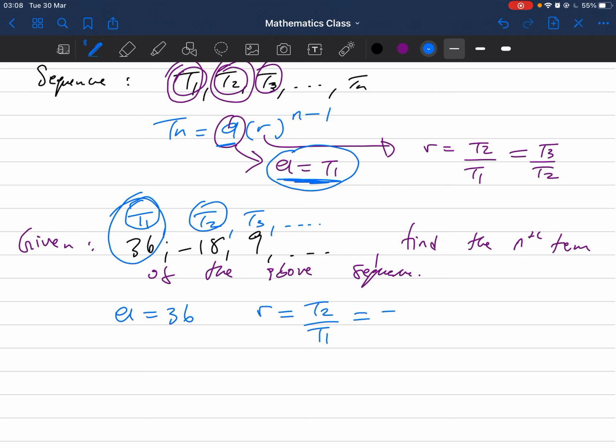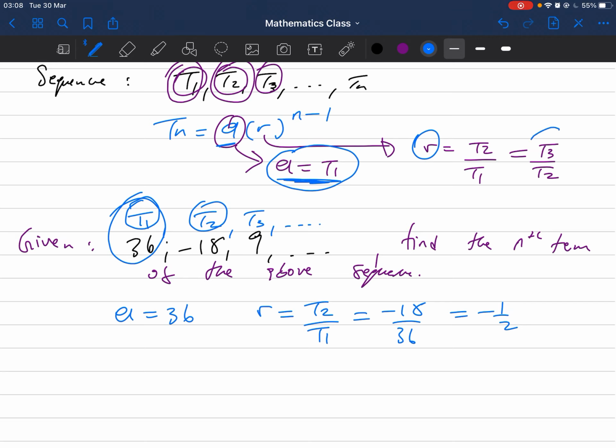What do you get? Negative 8 over 36. And you can take your calculator and say negative 8 over 36, and you see that it gives you negative half.